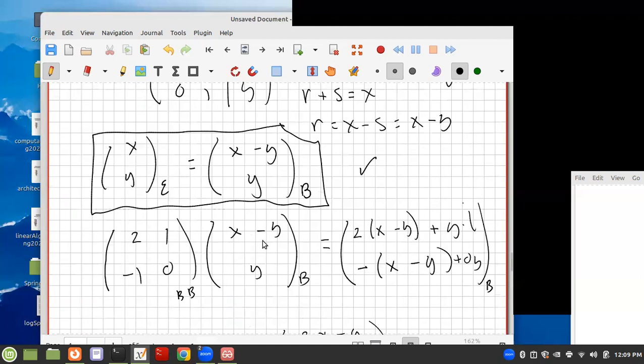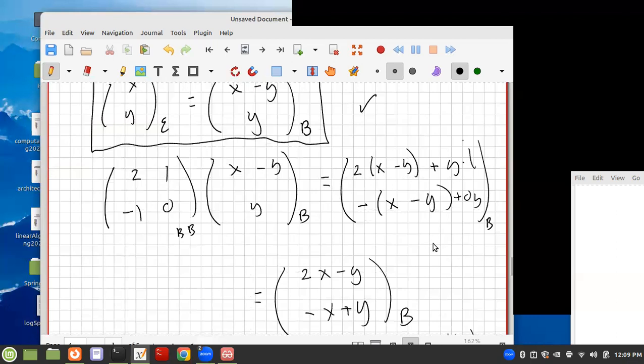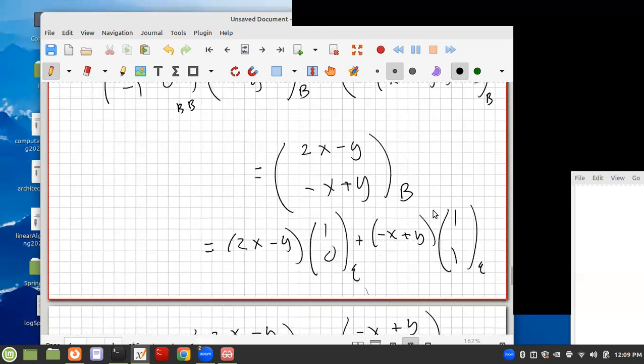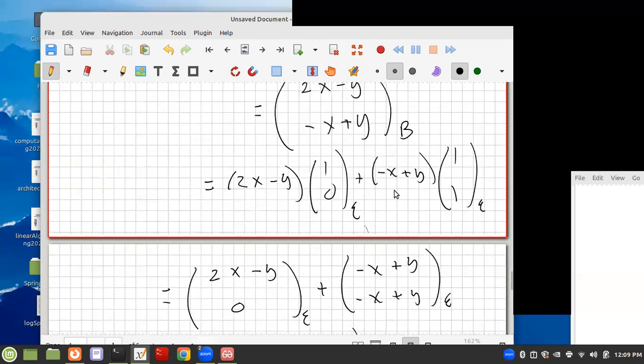We have 2 times x minus y plus y and minus x minus y plus 0. So that looks correct. 2x minus 2y plus y is 2x minus y and minus x plus y. And what this means is here, 2x minus y and 0, and minus x plus y.